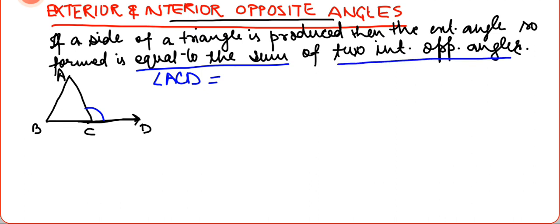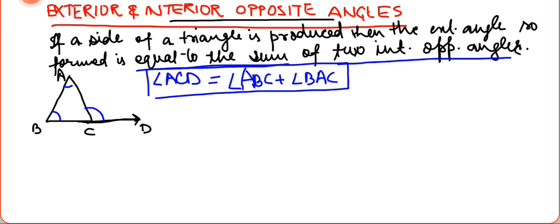Now students, we have already discussed these are the two interior opposite angles. So the statement says this is equal to angle ABC plus angle BAC. So this is what the statement says.